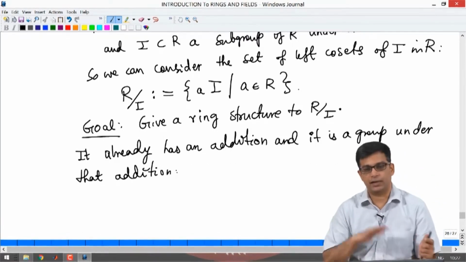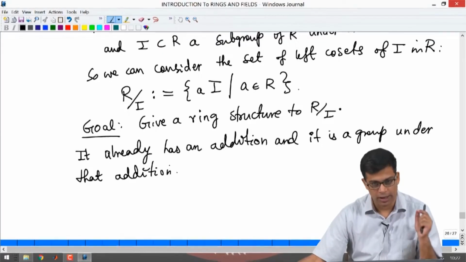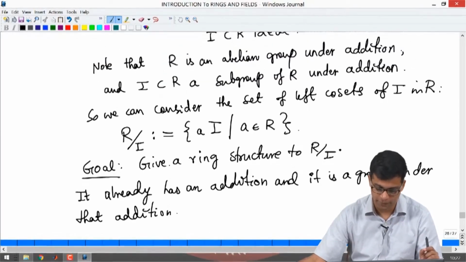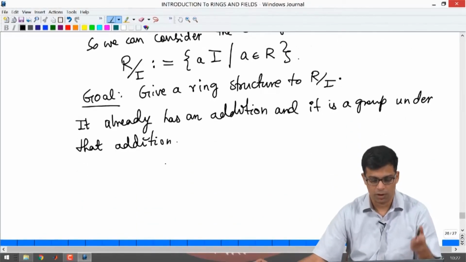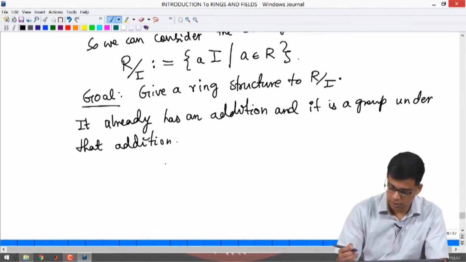Till this point it is nothing new, this is exactly group theory. R is an abelian group under addition, I is a subgroup. So, R mod I, the set of left cosets, is a group.